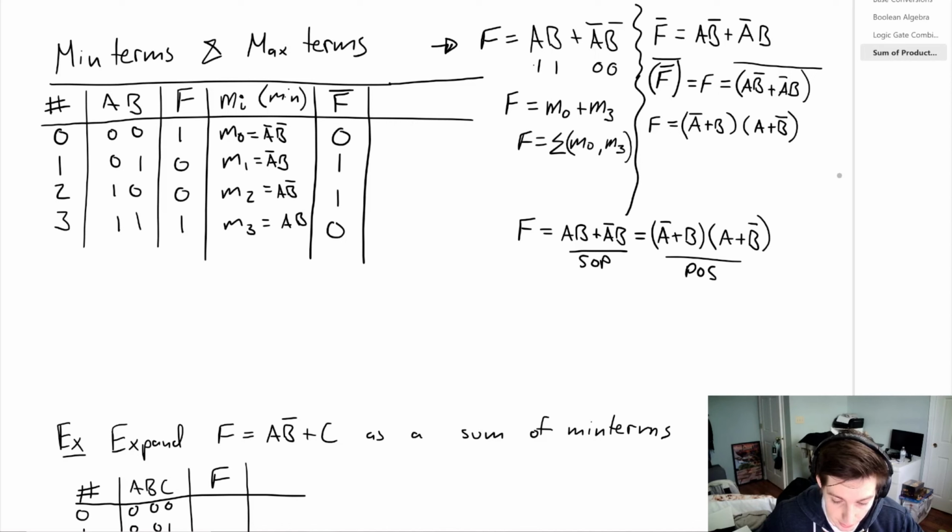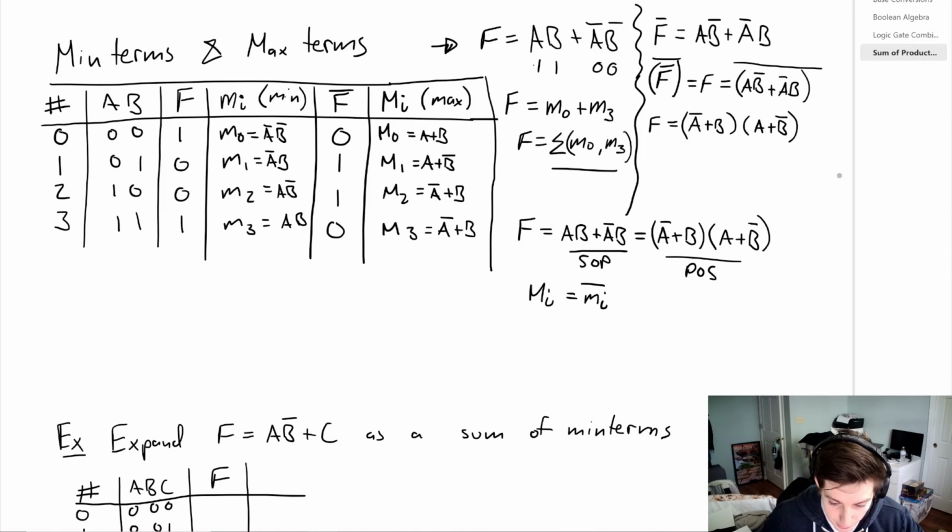Now the sum of products we could relate back to these min values, but for the product of sums, we're actually going to relate those to some max values given by a capital M. Now the max values are going to be equal to the inverse of the min values. And from this table, what you can see is that for the product of sums, our values fall in line with M1 and M2.